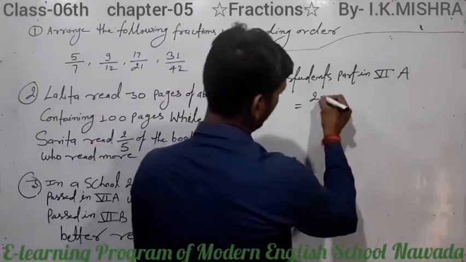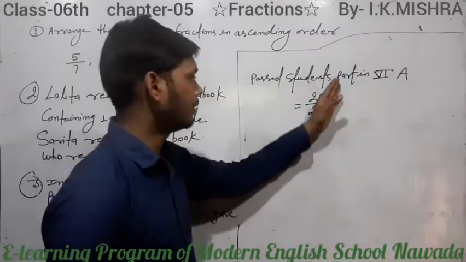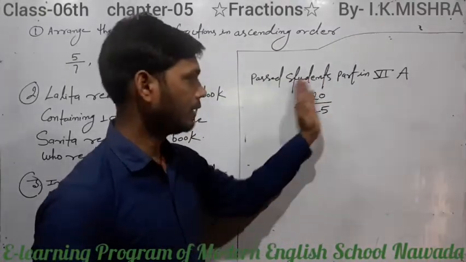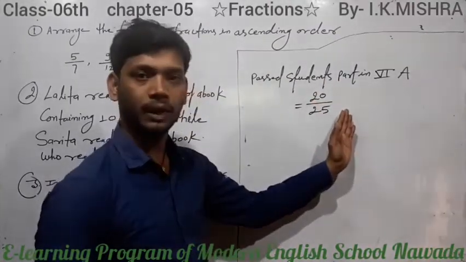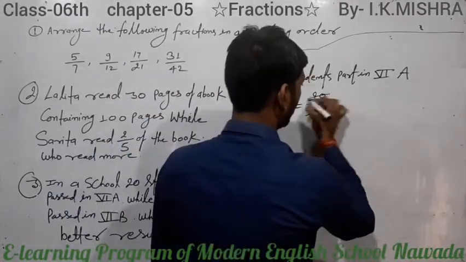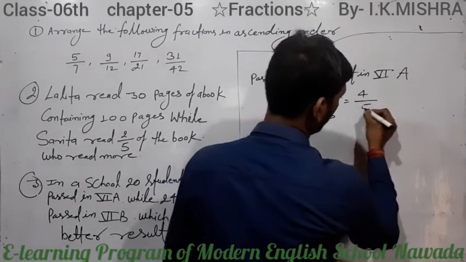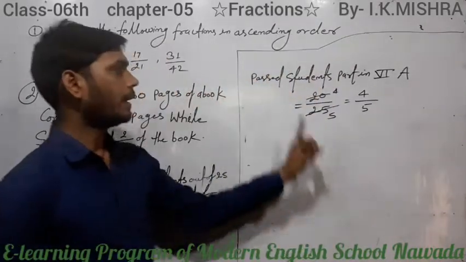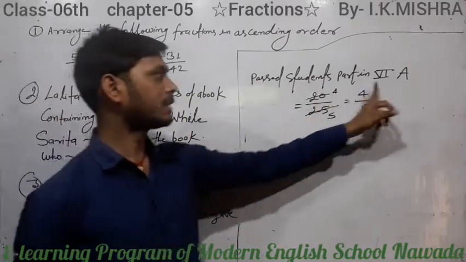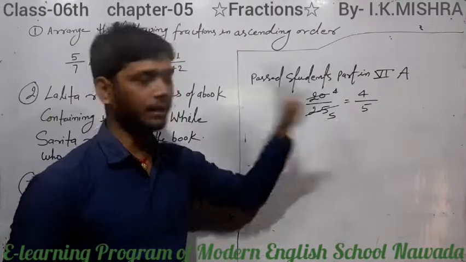Here 20 upon 25. Students, you can change it into reduced fraction, that means simplest form. Divide by 5 and divide by 5: 5 fours are 20, 5 fives are 25. That means 4 by 5. Clear, students? In 6A, 4 by 5 students passed.